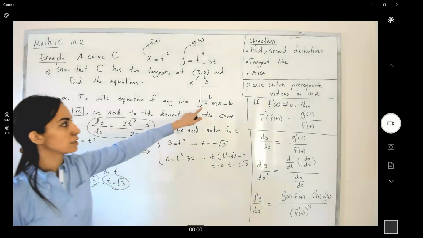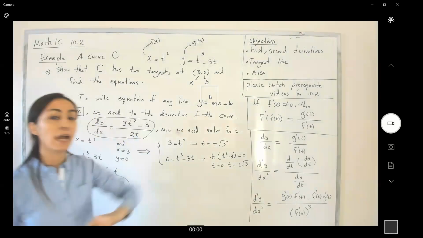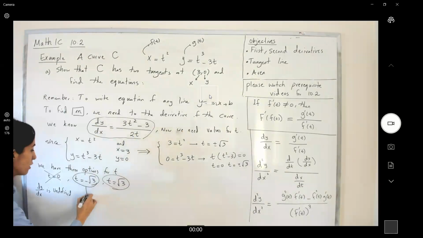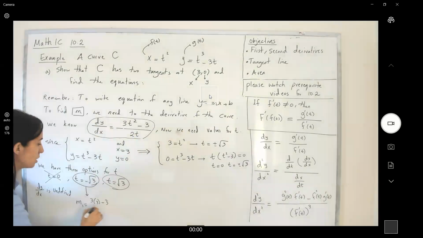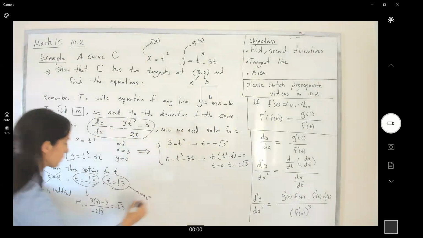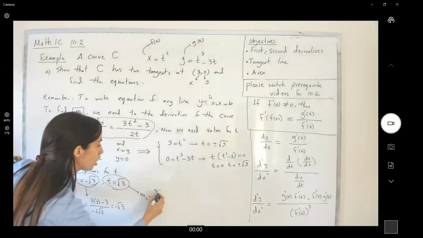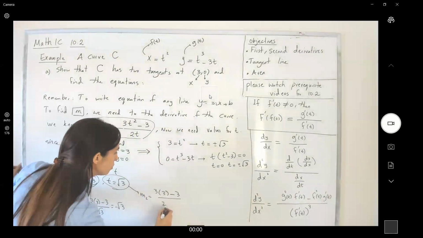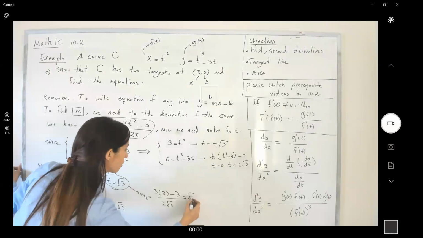So I need to write this equation. y is equal to mx plus b. My t is equal to negative square root of 3. What is the derivative, or what is the first slope? m1 is equal to 3 times 3 minus 3, divided by negative 2 square root of 3, which is negative square root of 3. m2 is 3 times 3 minus 3 over 2 times square root of 3, which is square root of 3.